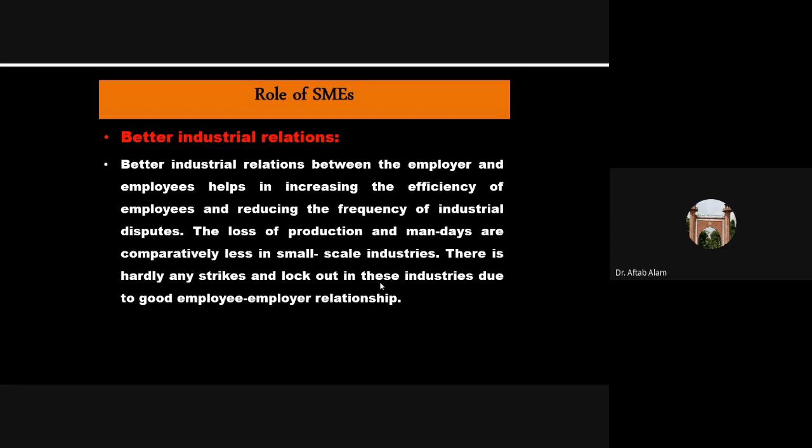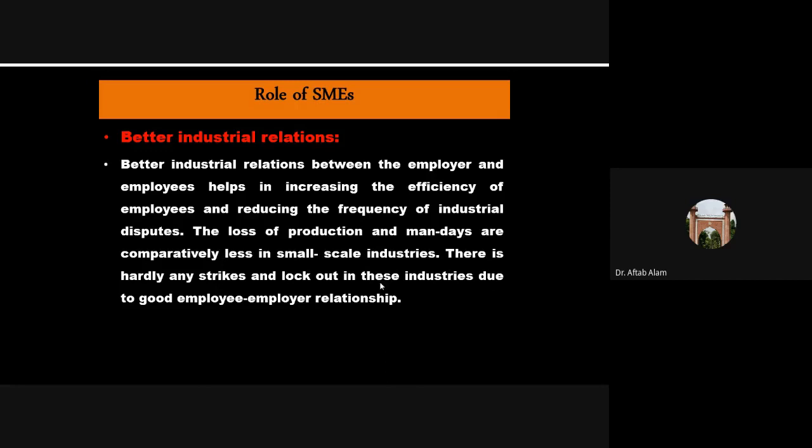Whereas in big industries you find many times there is a strike, there is lockout, right? In bigger industries there is always conflict between trade union and the management of the company, right? So in SMEs there is better industrial relation, and this better industrial relation results in more productivity and more production in the sector, right?